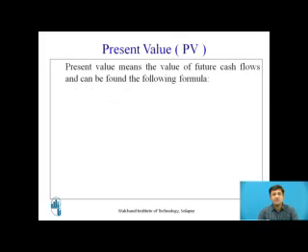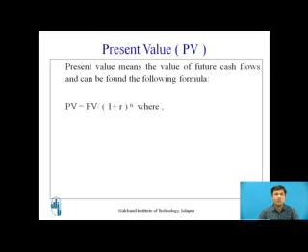The term present value, what does this mean? Present value means the value of future cash flows and can be found with the help of a formula. This is just a mathematical formula to understand what we mean by present value.